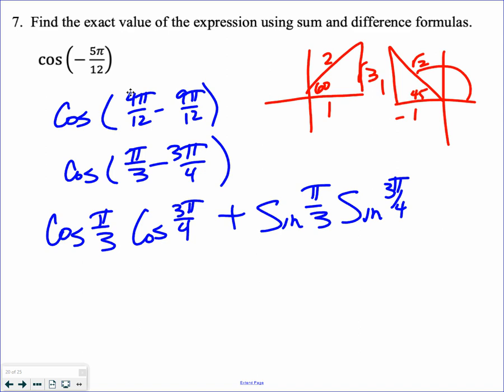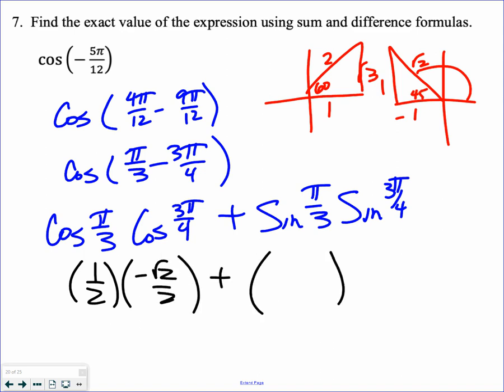So now, cosine would be adjacent over hypotenuse. Cosine of the second one would be adjacent over hypotenuse, which can be rationalized: negative square root of 2 over 2. Sine of the first angle, square root of 3 over 2. Sine of the second angle, and I rationalize, is 1 over the square root of 2.